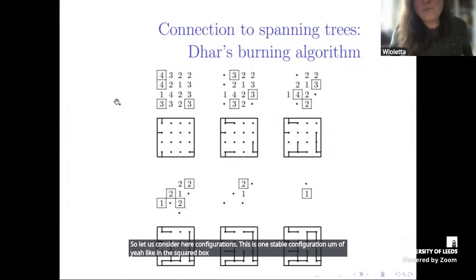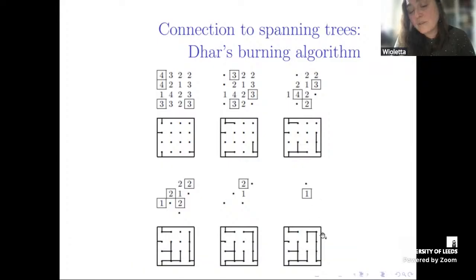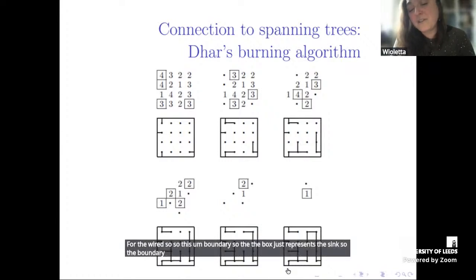And the Dhar burning algorithm gives me a nice bijective way to pass from a configuration. In the end, I will obtain here, you see, a spanning tree for the wired, so this boundary, so the box just represents the sink, the boundary. So you have to imagine this, if you would draw it as a tree, with degree 4 at the root.